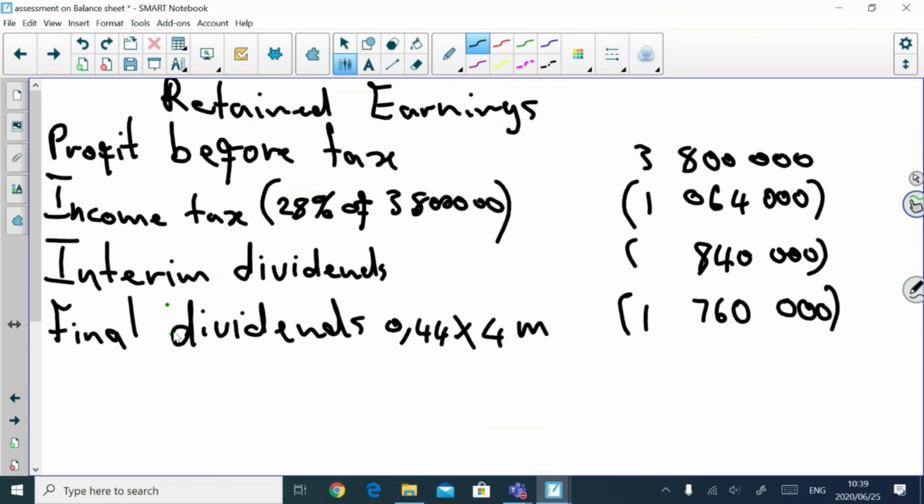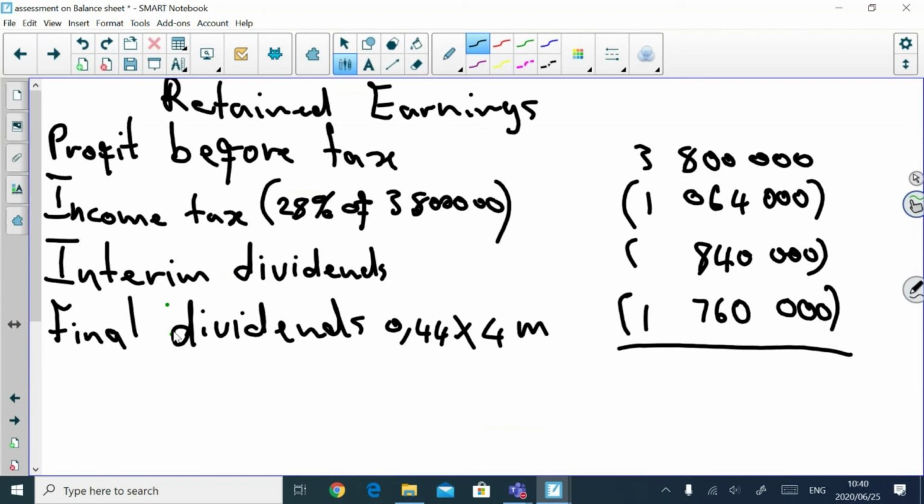All right, then you have to find the amount that will go to our retained earnings. It will be the profit for the year. Remember that profit for the year normally goes to our retained earnings in the statement of financial position under equity.